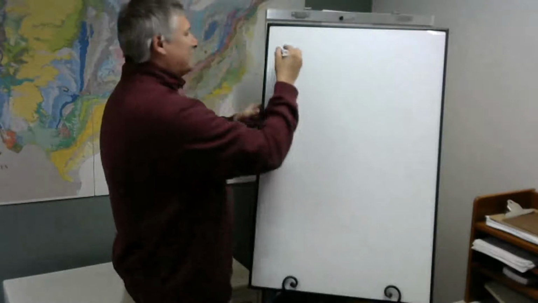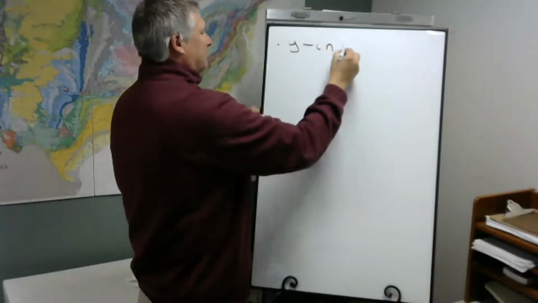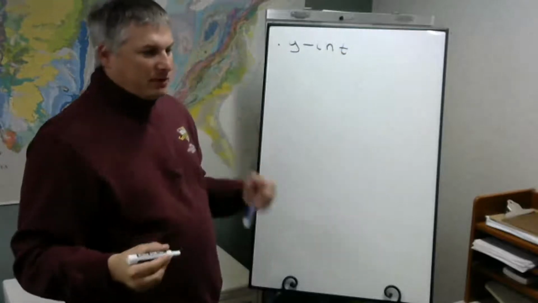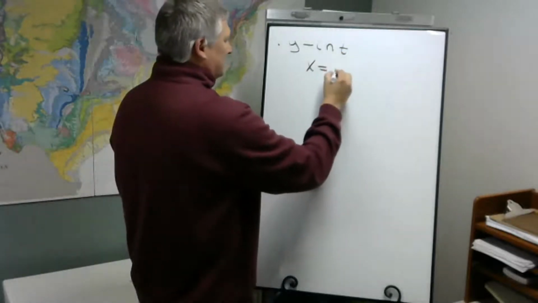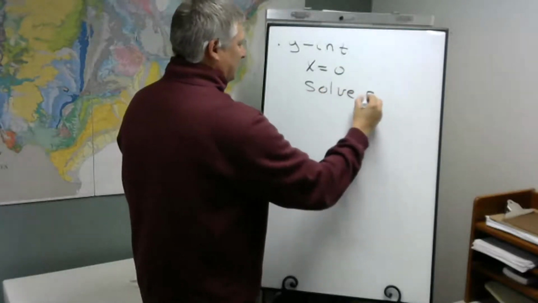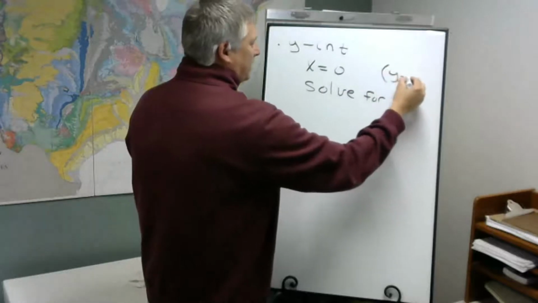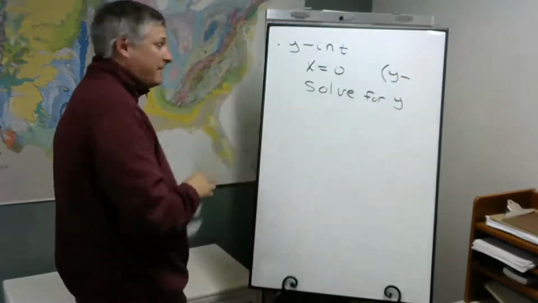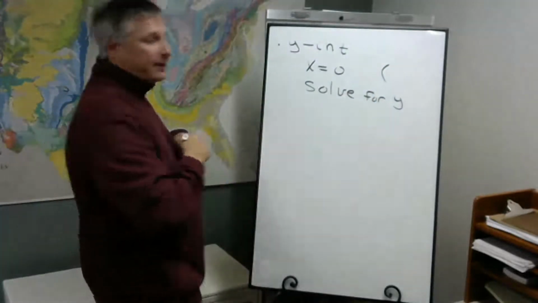So first off, the y-intercept. For y-intercepts, what we do is we let x equal 0, and we solve for y. What we're doing here is we replace f of x with y.